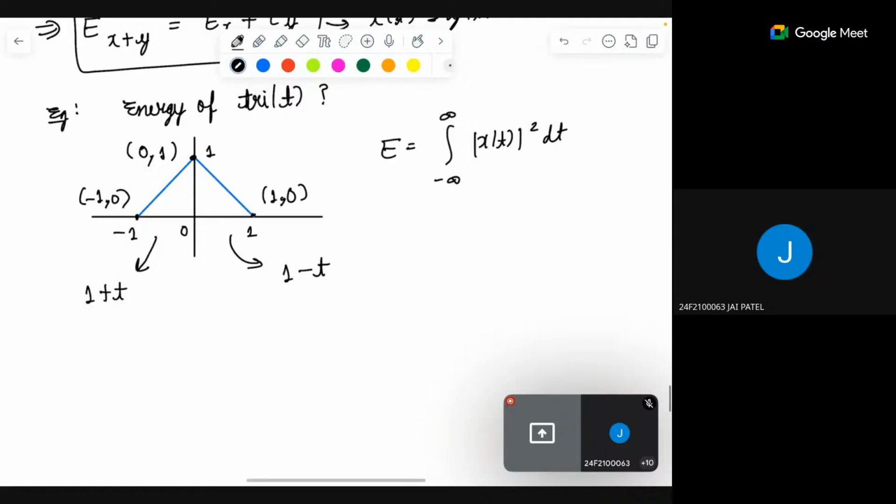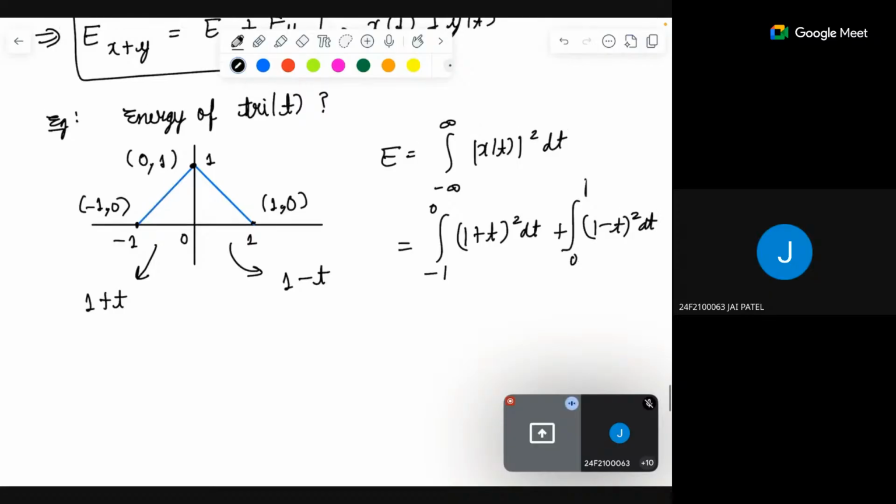Also I would like to emphasize one more thing: the left hand side plus the right hand side. Will you tell me whether the right and left parts are orthogonal to each other or not?